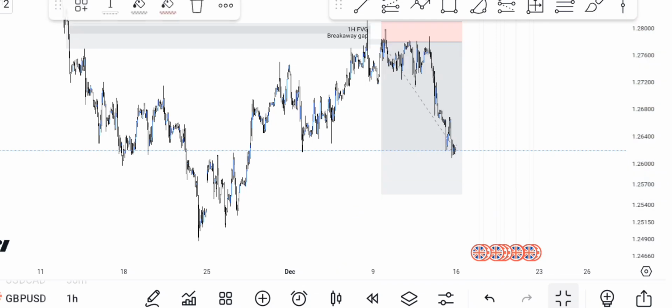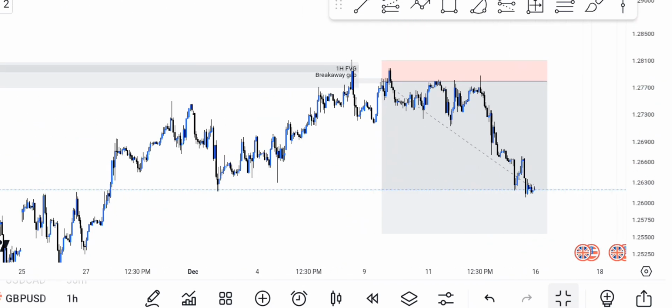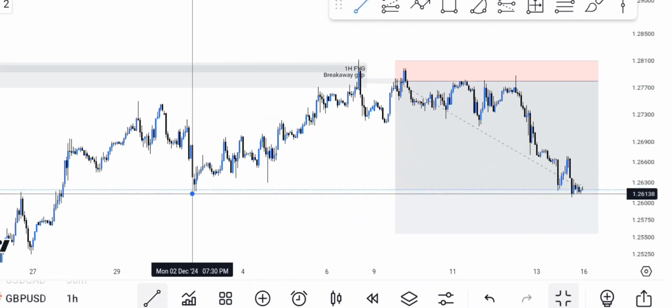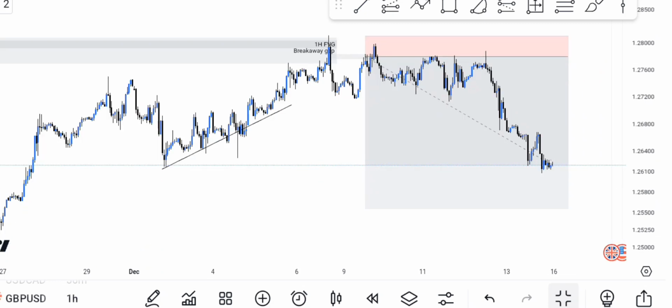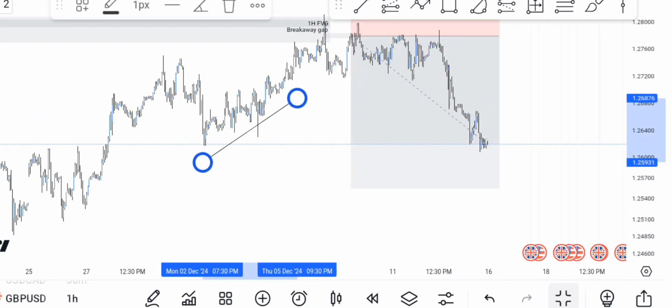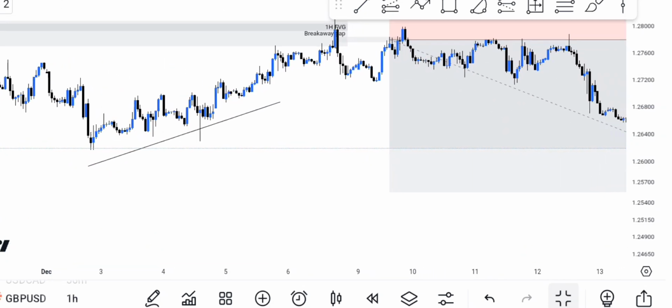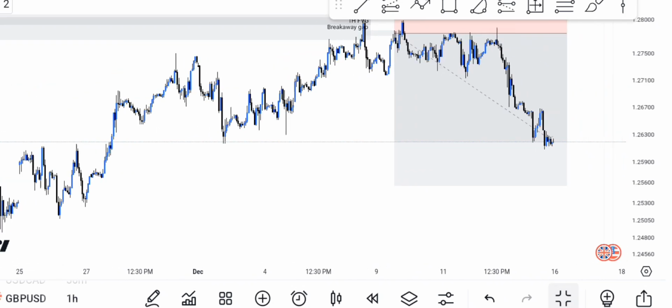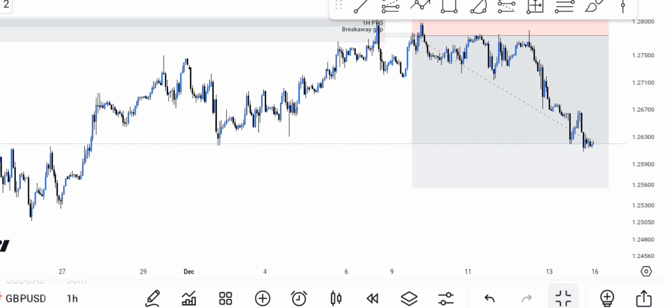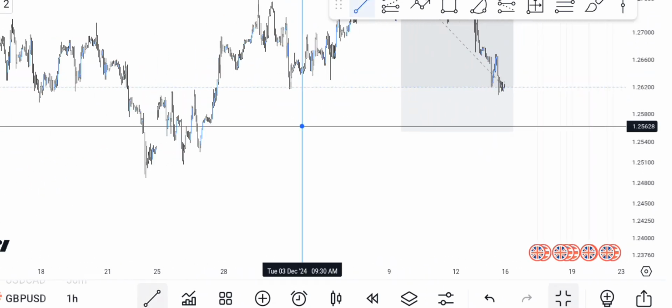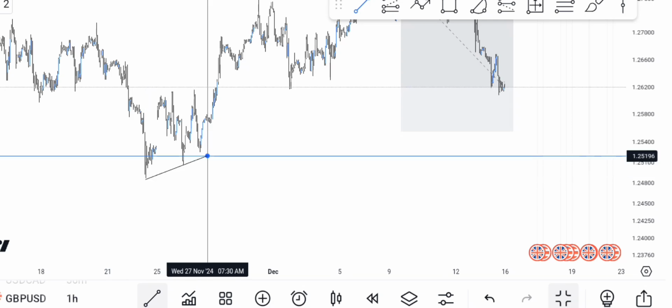Okay, first you can see there is a lot of liquidity at the downside. This is all liquidity resting below, not above, okay, the bottom of this low. There's a lot of liquidity resting here also.